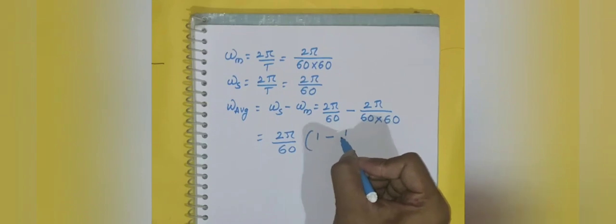Putting the values, omega s is 2 pi by 60 minus 2 pi by 60 into 60. Now we take 2 pi by 60 as common, so in the bracket there will be 1, and the remaining term is 1 by 60.